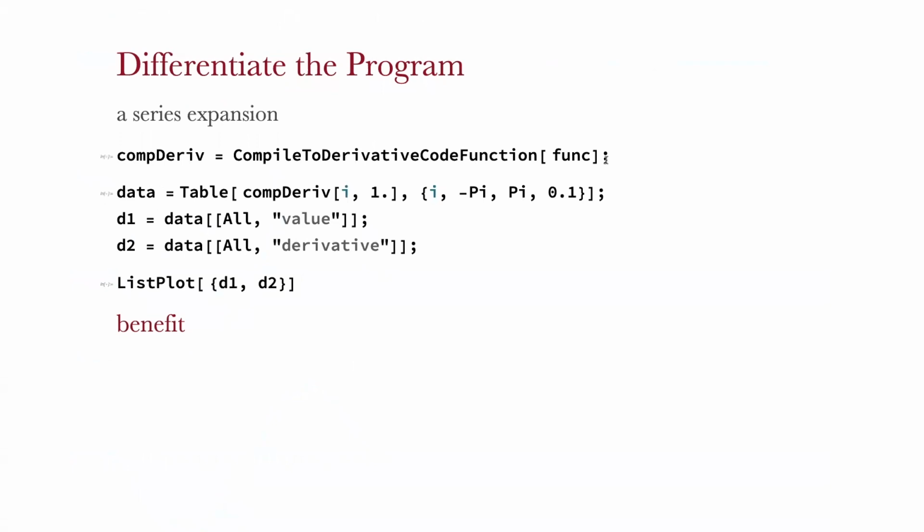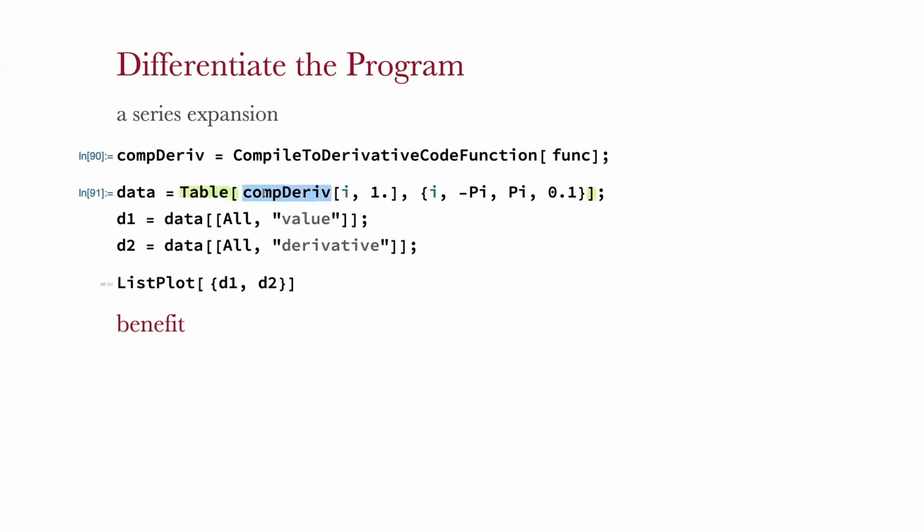So now what I'm going to do is take that function, which is just written as a sequence of elementary functions, and I've differentiated it, and now I'm going to look at the output.